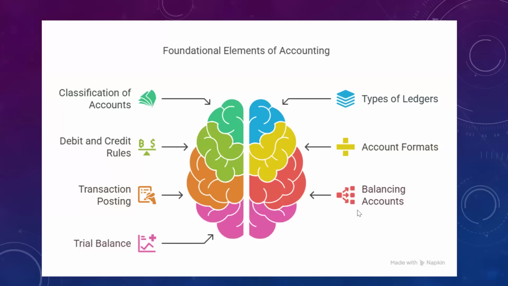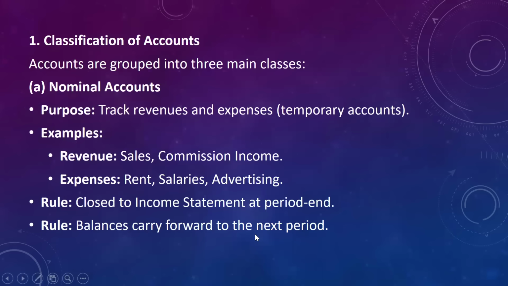These are some of the things we're going to look at now: different ledgers that we use, how we classify accounts, when to debit and when to credit, which ledgers to use and so forth, right? So when it comes to the classification of accounts, there are three types of accounts.